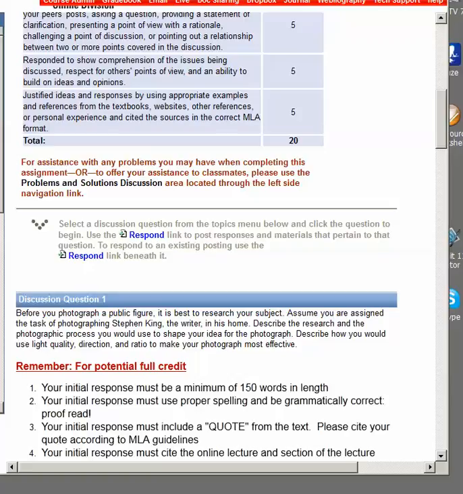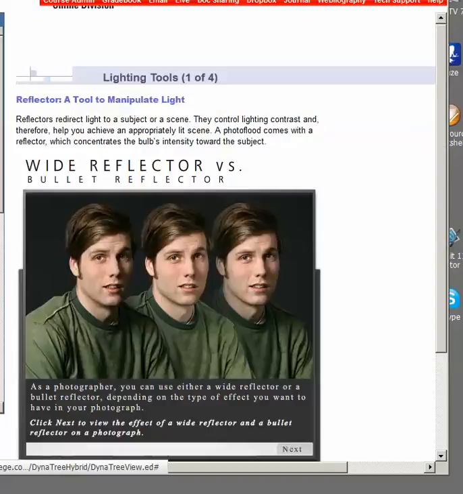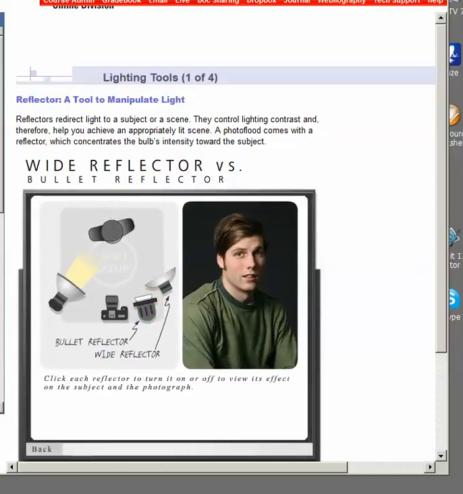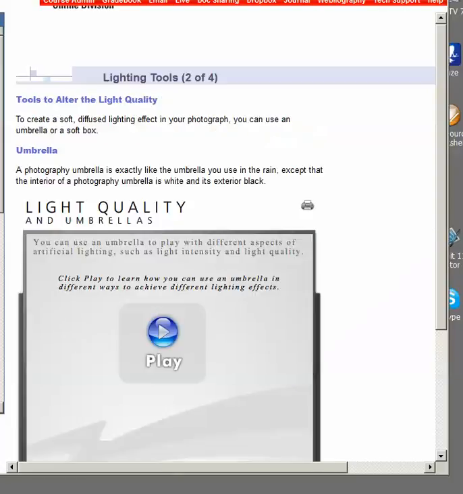So hopefully most of your answer is really describing how you're going to use light quality, direction, and ratio to make your photograph effective. And then in the lecture, you could have quoted any place. You could have talked about any of these tools, all the lighting tools.